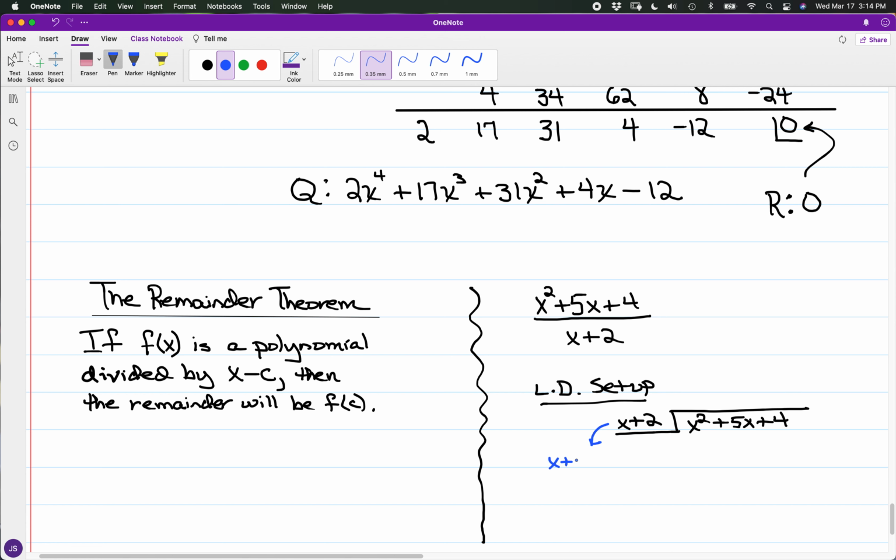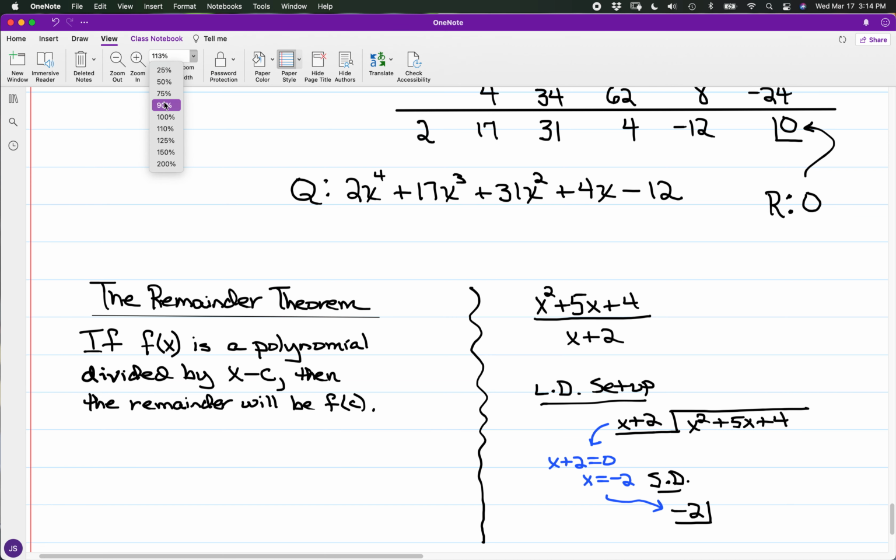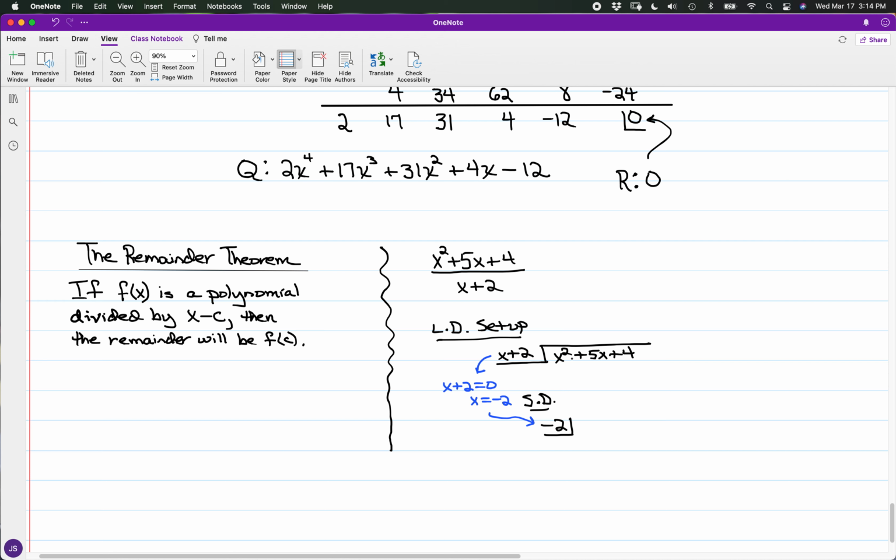So we have x plus 2 is equal to 0, and x is equal to negative 2, and just relaying this to the synthetic division setup and following through. So we got negative 2, and we have 1 for x squared, 5 for 5x, and 4 for the constant.